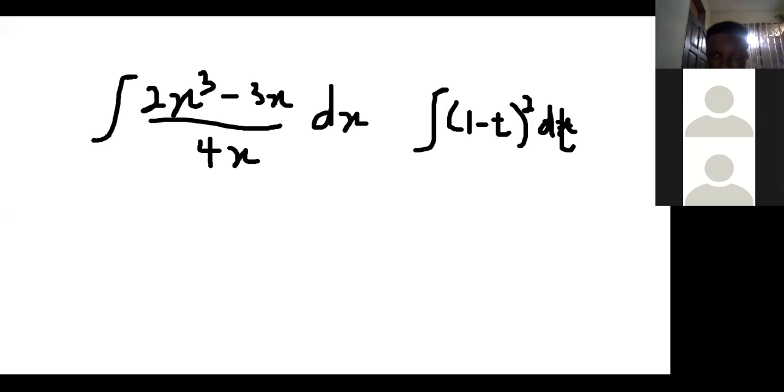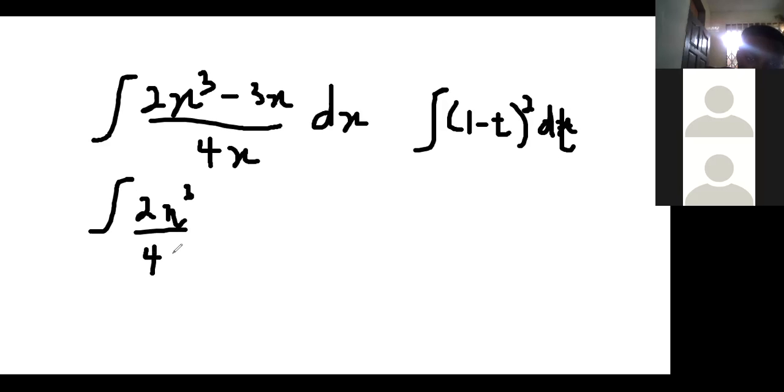So, for the sake of those who didn't get it or don't know how to go about it, we can rewrite this as x cubed all over 4x minus 3x all over 4x. Now this and this can cancel.